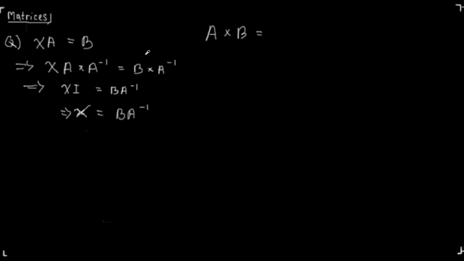If this was a different question, if this was ax equals b, right? Now what we have to do is again, we want to get rid of this a. We want to isolate x, right?